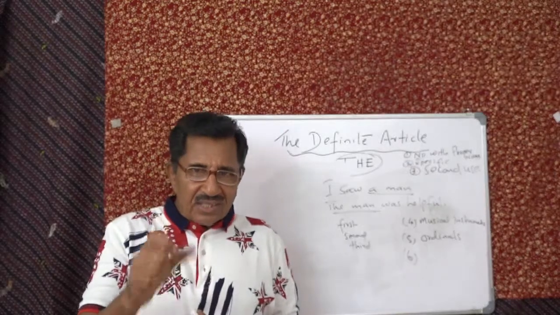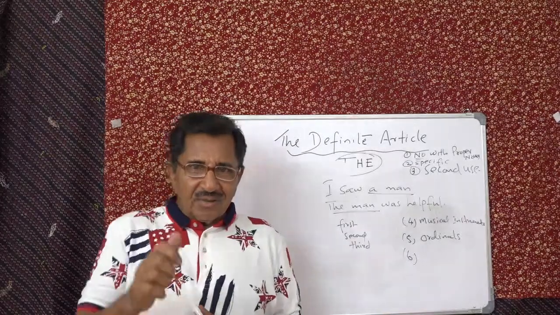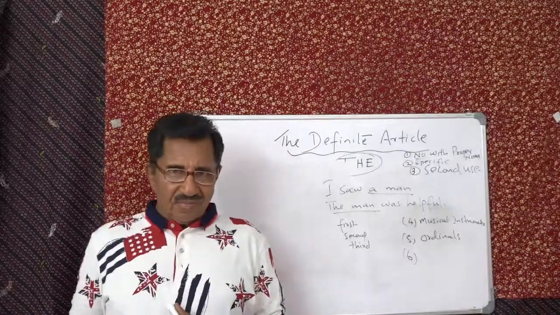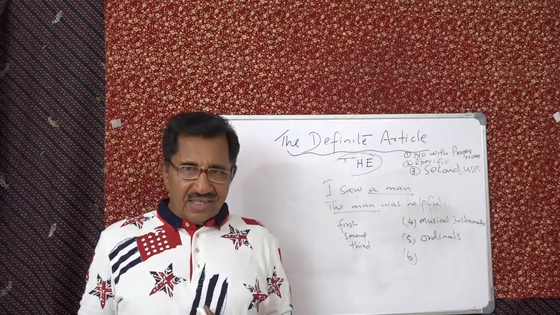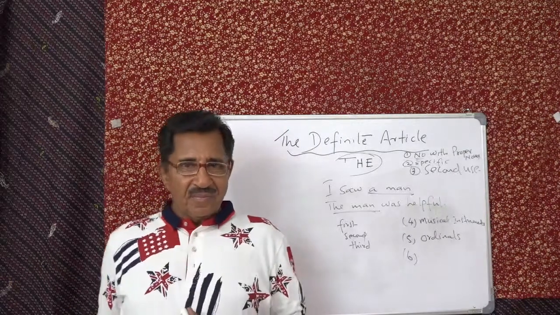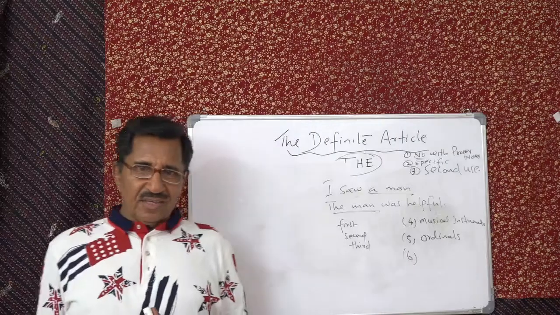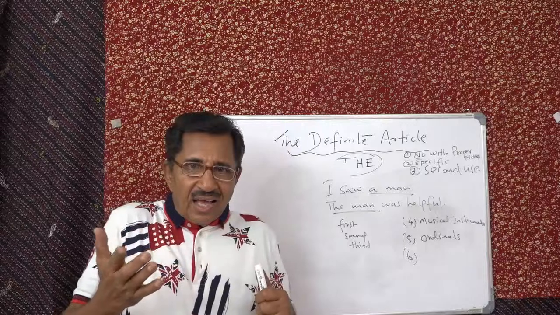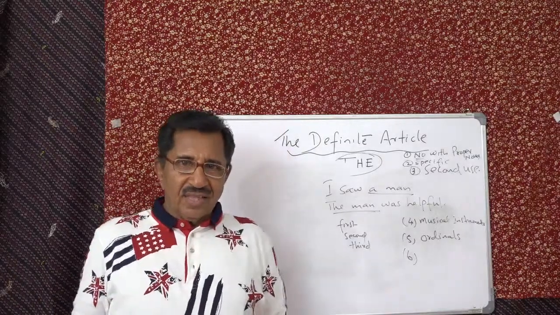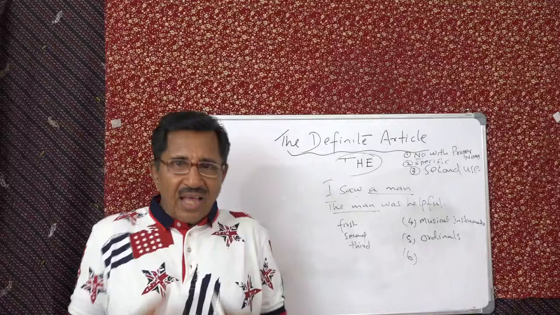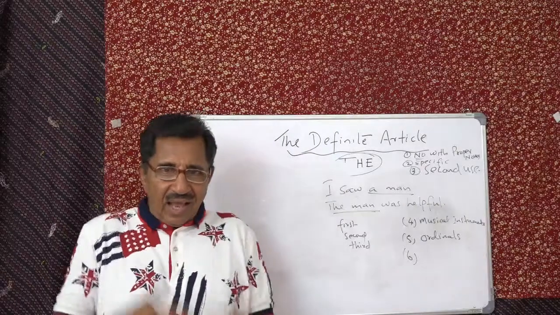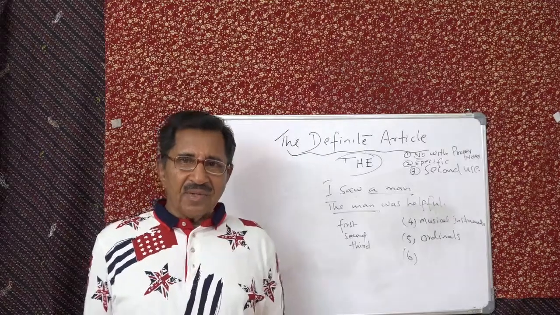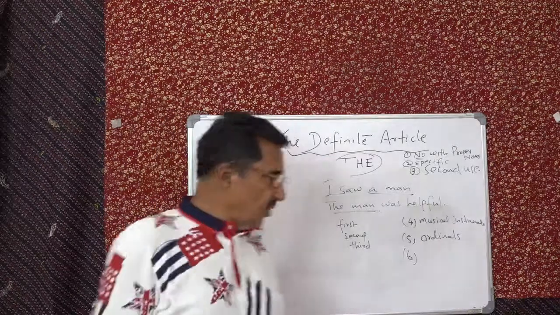The South China Sea. Desert, the Sahara. The Sahara, you should say. That is desert. Mountains, the Himalayas, the Pyrenees, the Alps, the Alps, the Pyrenees.